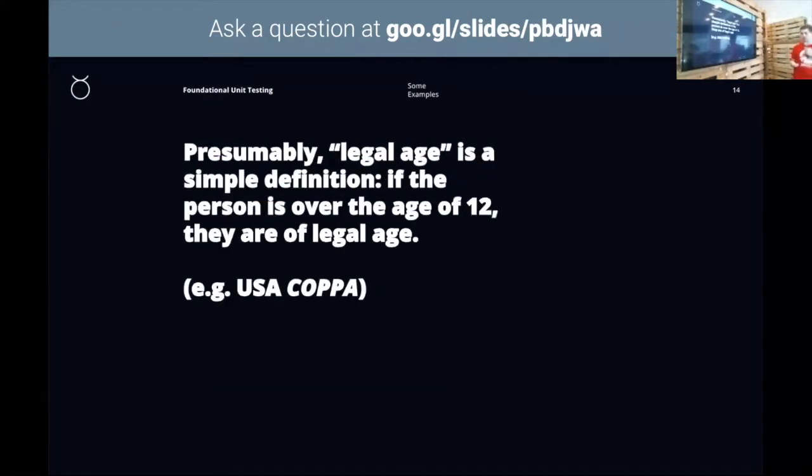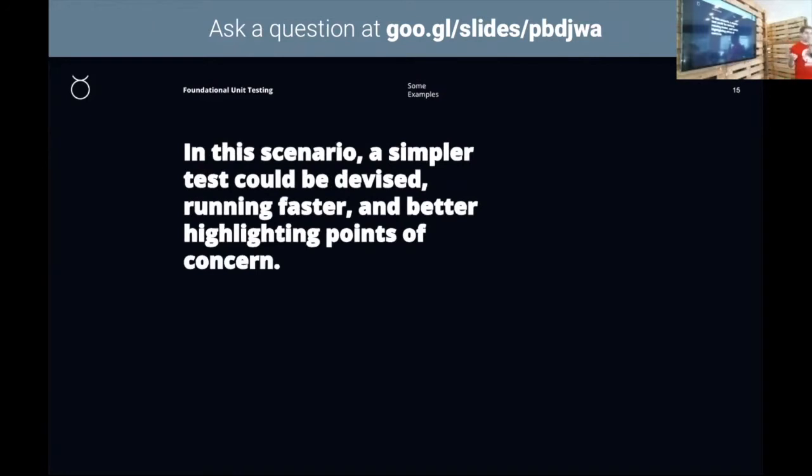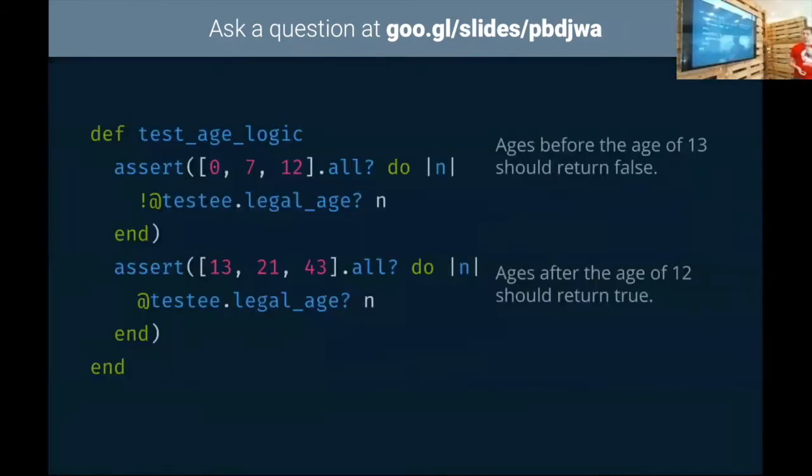So presumably, if the legal age is a simple definition of a person being over the age of 12, you could use a simpler test in this scenario. You really don't need to test all of those values, but you do need to be reasonably certain that it's not doing something really weird behind the scenes. So pick a few different examples of ages that should succeed and ones that shouldn't, particularly aiming for the bounds.